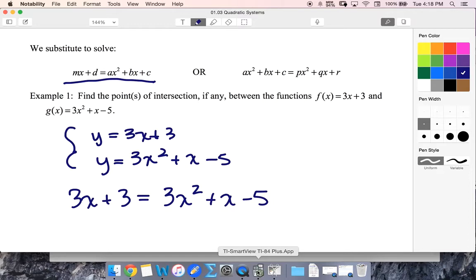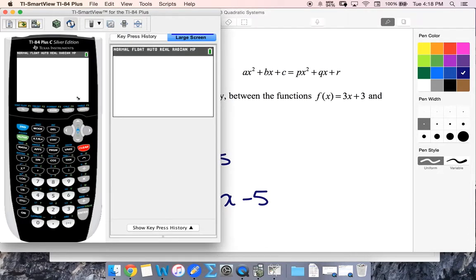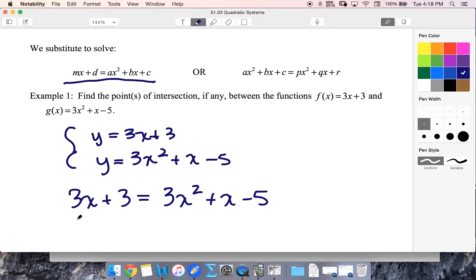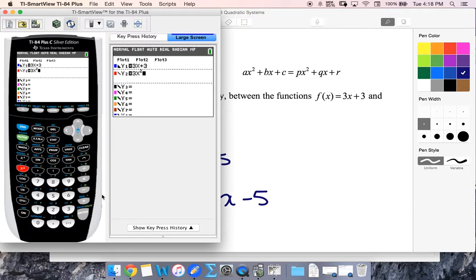And of course I can use my calculator to help me see if they even intersect. So let's do that. In my y equals, one of them was 3x plus 3. And then we also had 3x squared plus x minus 5.